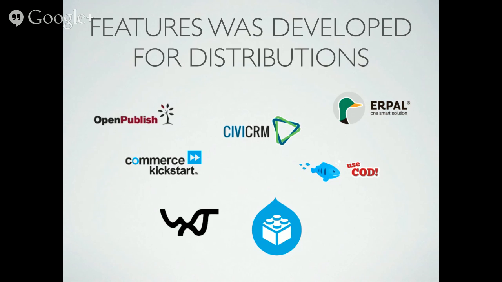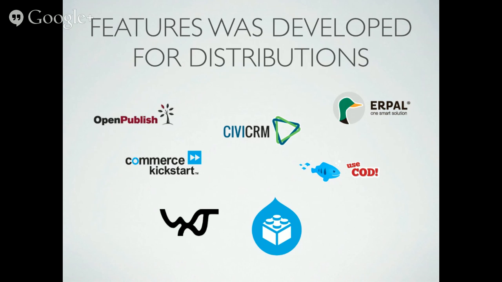So Drupal, if you go to drupal.org/project/distributions, you'll find a whole list of distributions that people have come up with for Drupal. So versions of Drupal that have additional modules and functionality added. Also, these all come with features which provide configuration. So out of the box, with any of these versions of Drupal, you're going to get a bunch of features that give you some configuration to start with.